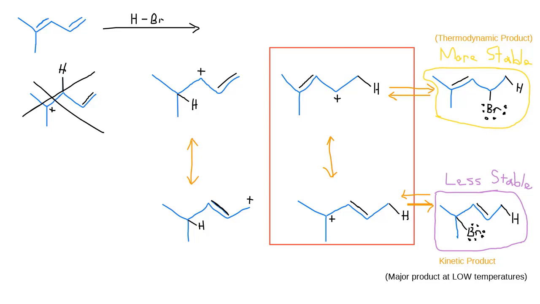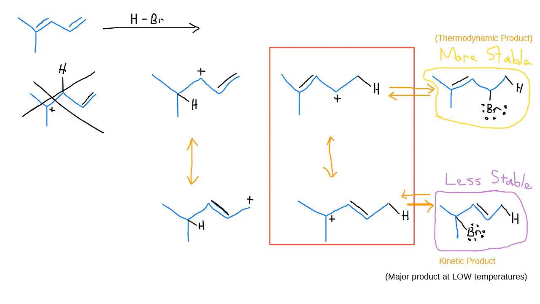And the reason is because if there's higher temperature, then since the reaction is reversible, the higher temperature means there's more energy. It makes it easier for the bottom reaction to reverse so that it can switch over to the top one. And once it's in that more stable form, it'll tend to stay there. So even though you might get initially the kinetic product forming, it reverses so quickly that the product you finally get is going to be the more stable, thermodynamic product, if you have enough temperature.